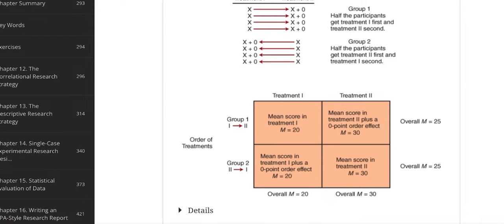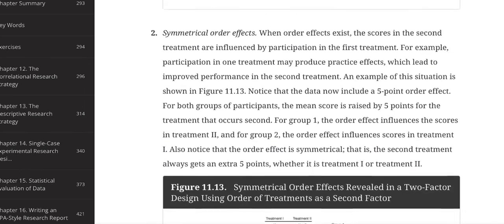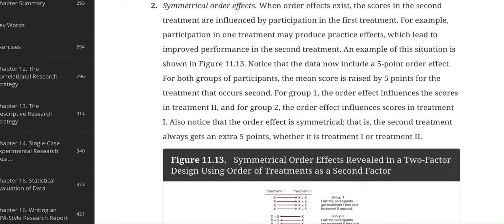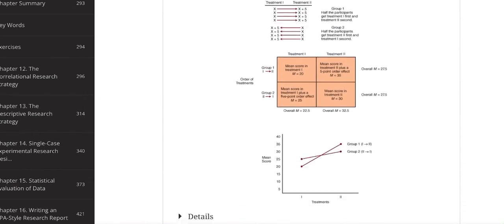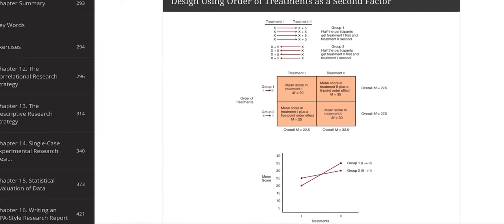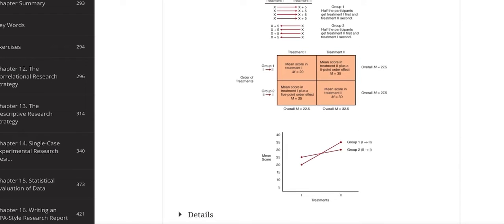Now, it is possible that you could have symmetrical order effects. That is the second possible outcome. And so this is showing an example of that here. And you can see that the means are slightly different. And you can see by the line graph here that there is an interaction. But if you look at the means in the rows for the order of treatments, they're the same again. 27.5, 27.5.